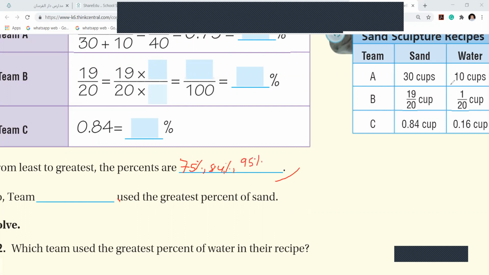From the table, when you see most of the water, where is it used? In team A. See the table here, 10 cups, 1 by 20 cups, and 0.16.